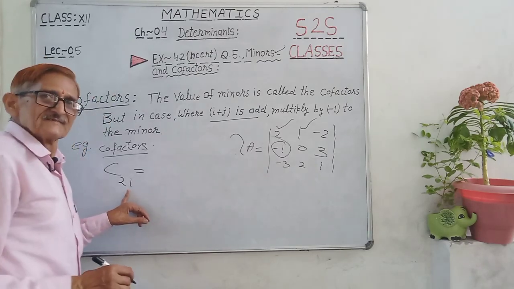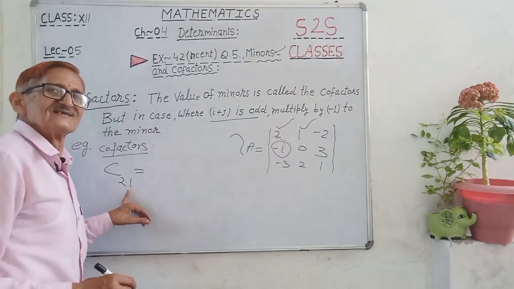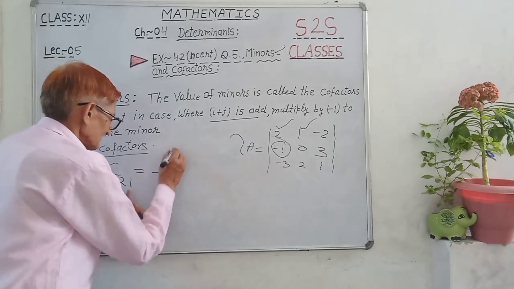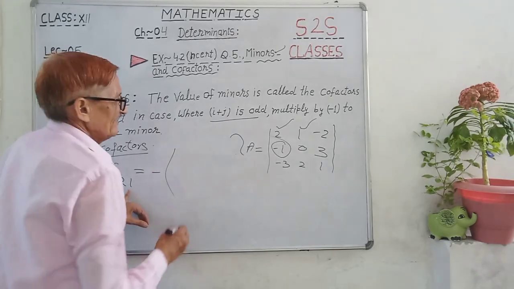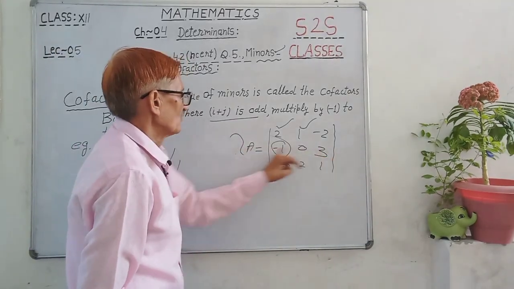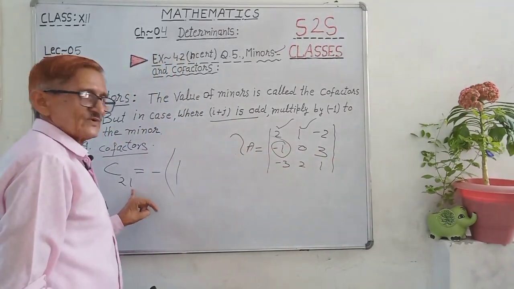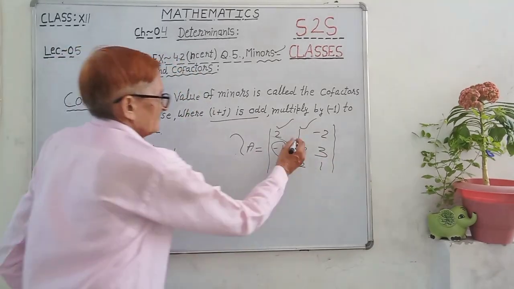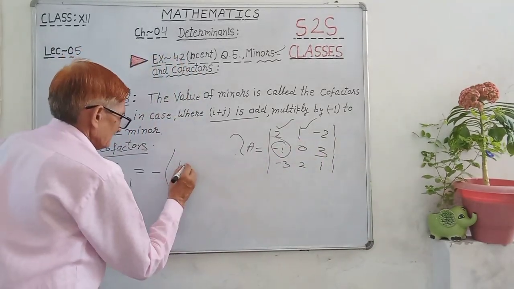So the sum i+j is odd, that's why multiply by -1 and expand the remaining square matrix after cancelling row 2 column 1, then 1 minus 2 to 1.